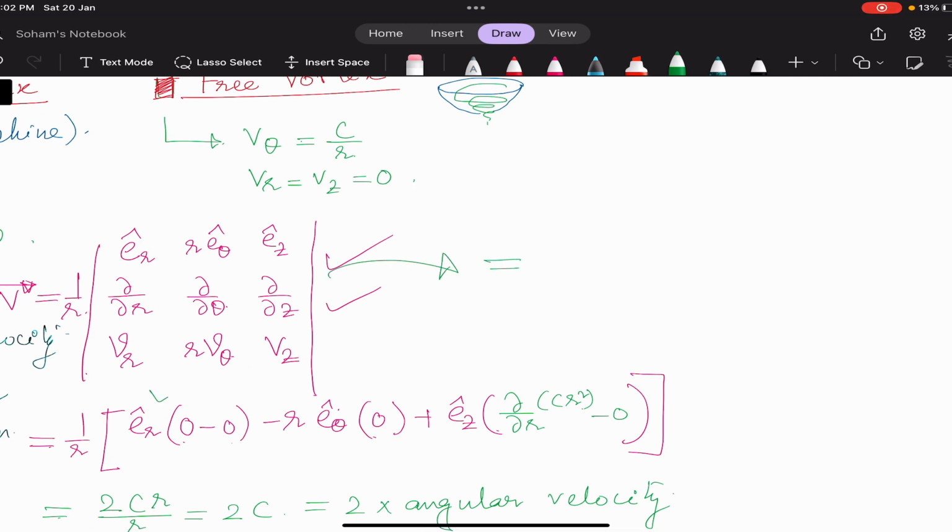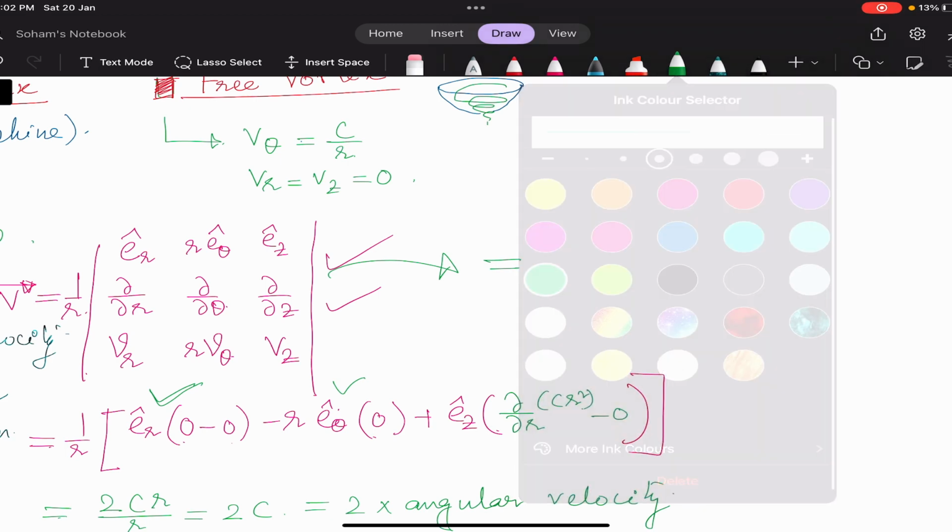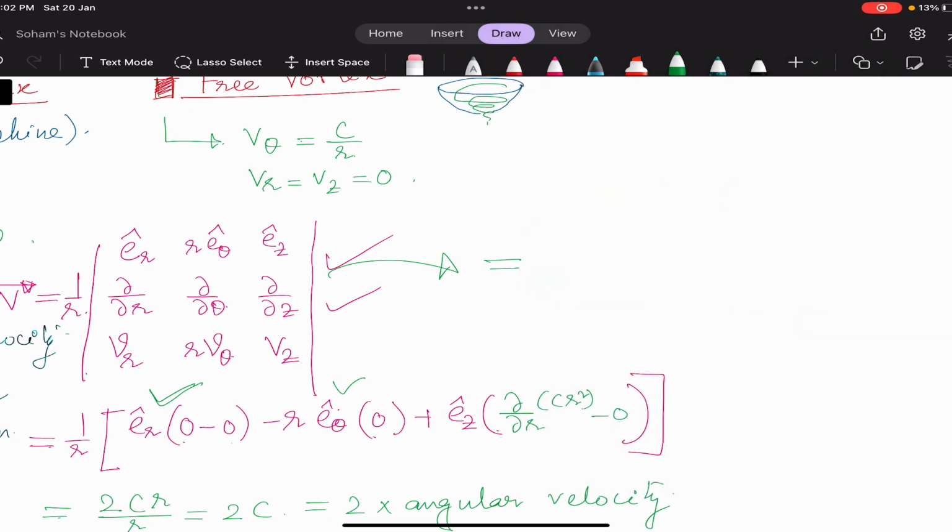V_z and V_r are 0, so these terms will be 0, and I am just writing the e_z component because that is what will remain.